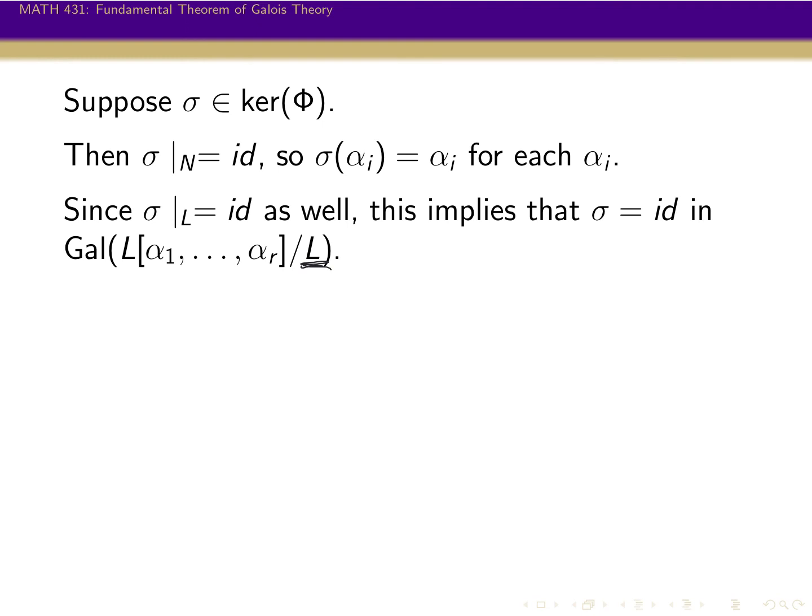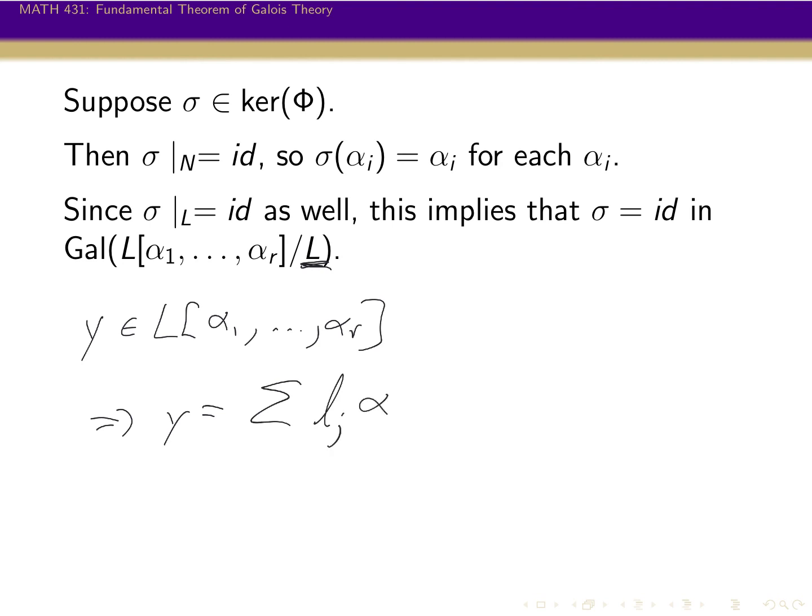The identity is the only element that does this. And so the reason is, well, what does it look like if you have some y in L adjoin alpha 1 through alpha r? Well, that means that y is equal to some sum of monomials, so L_j times powers of alpha 1, let's say alpha 1 to the e_{1,j} through alpha r to the e_{r,j}, added together in some finite way.